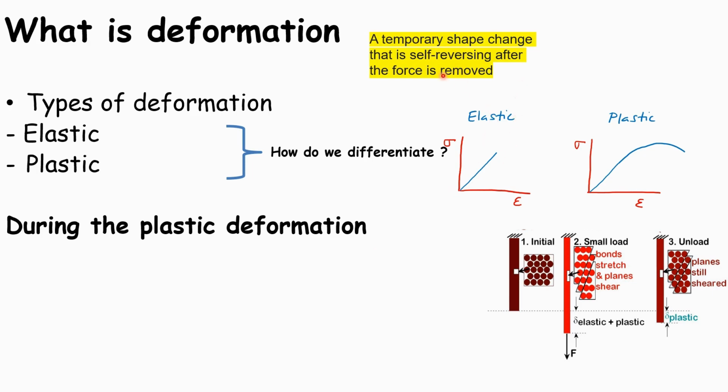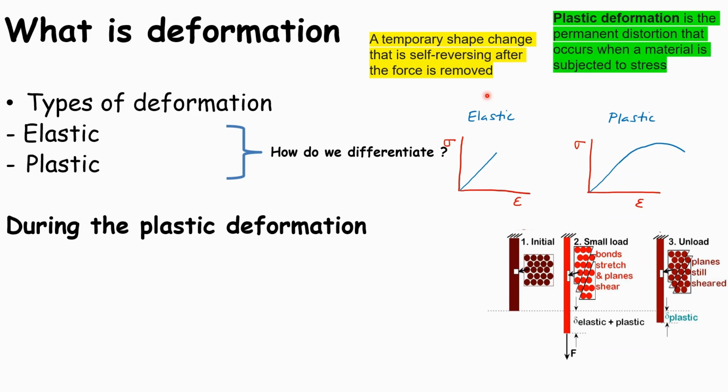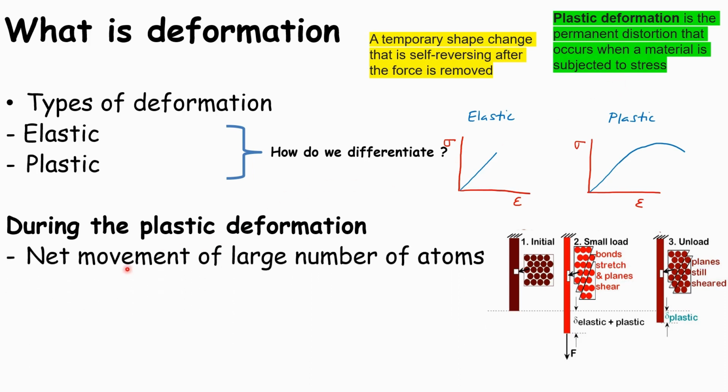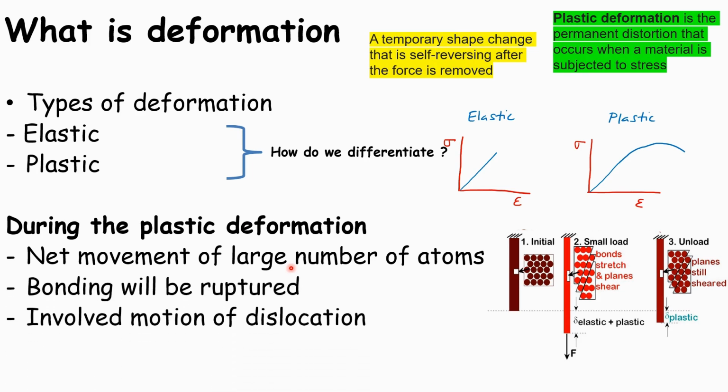And plastic deformation is the permanent distortion that occurs when a material is subjected to stress. So what can we expect during plastic deformation? We can see a net movement of a large number of atoms, the bonding will be ruptured, and it will involve the motion of dislocations.